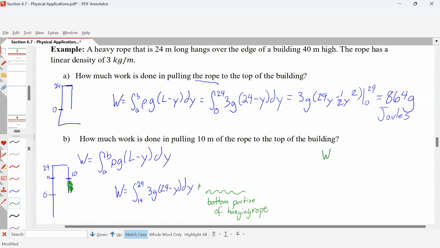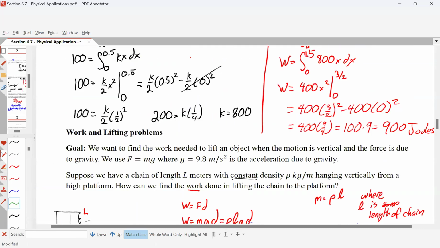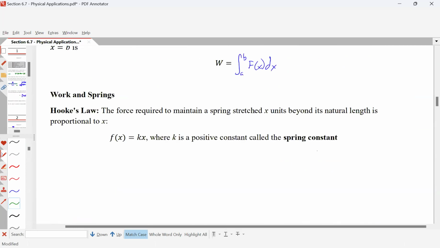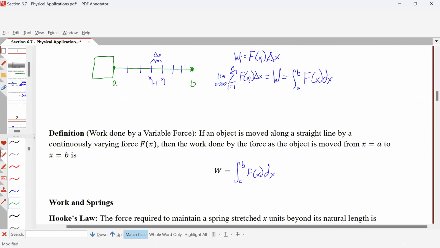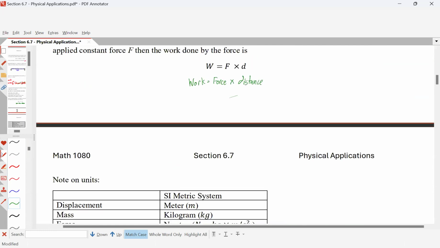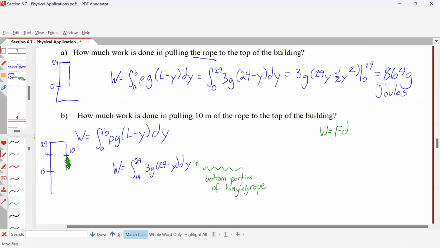So work for that bottom half of chain, since work is, when the force is constant, force times distance, we have a constant force being done. So work equals force times distance.